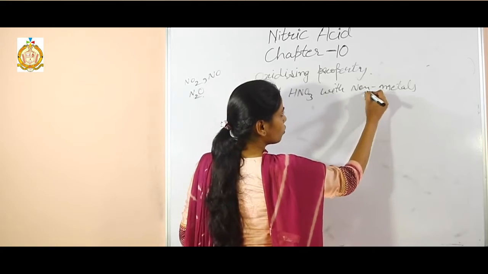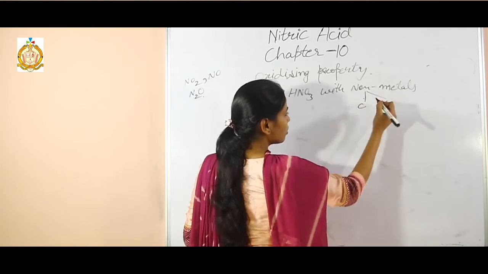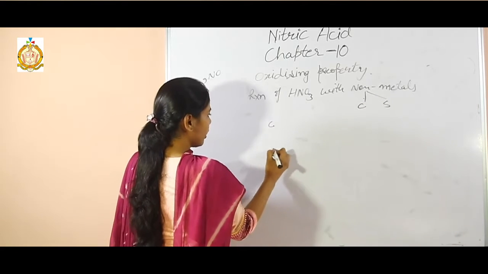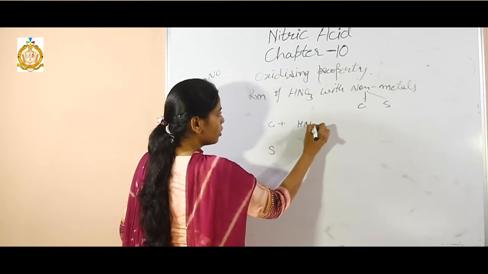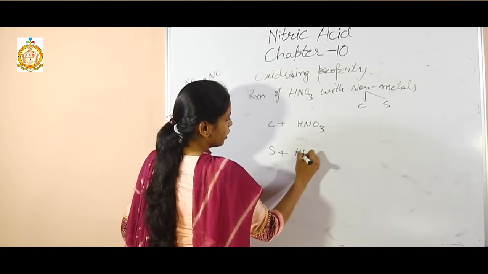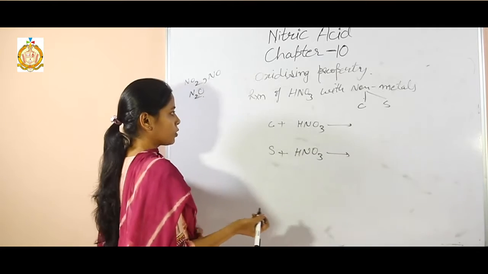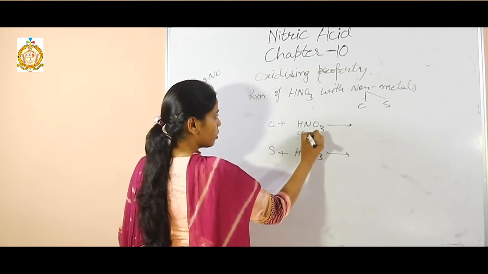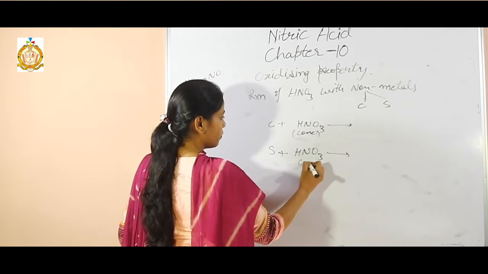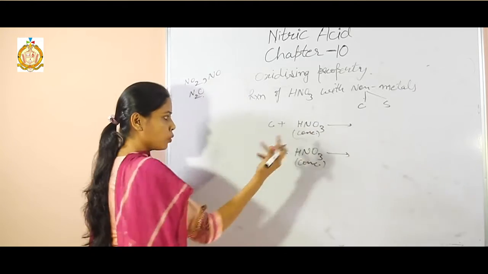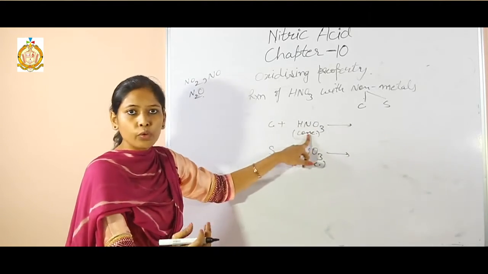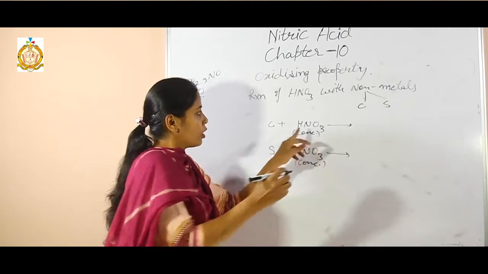We will take only 2 non-metals, carbon and sulfur. So when carbon and sulfur react with nitric acid, HNO3, this nitric acid is concentrated. From the word concentrated, you will know what the product is.